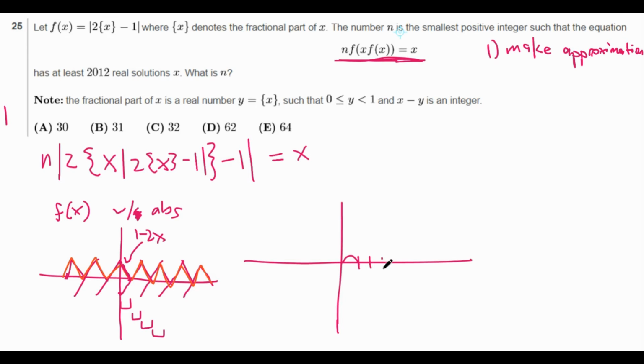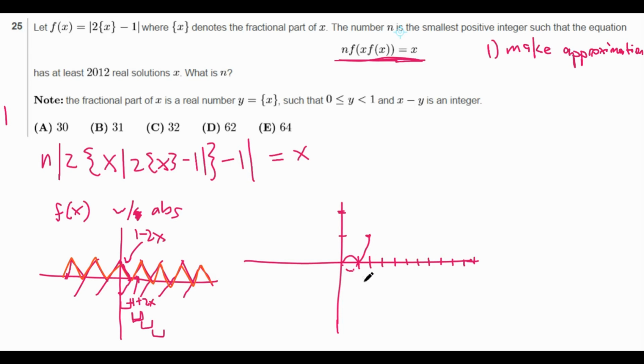I'll create markings here, which denote 1/2. So this has a scale of 1/2, and I'll draw a scale of 1 on the y-axis. So this first part is alright. What about the second part? This equation is -1 plus 2x, which implies that the graph will look something like this.